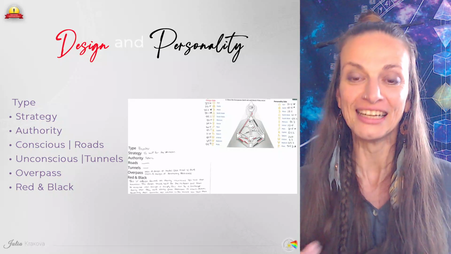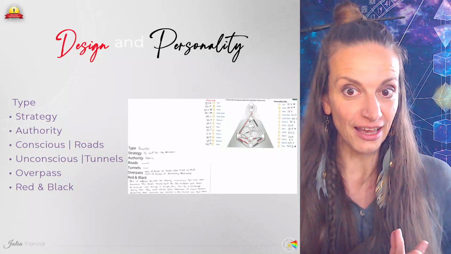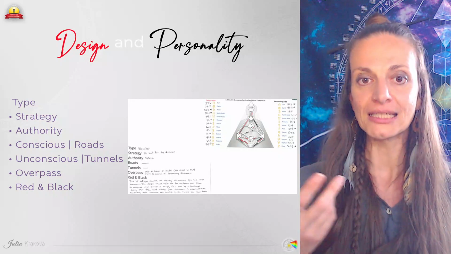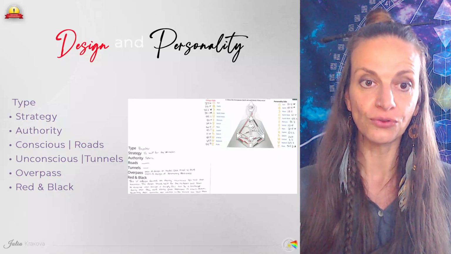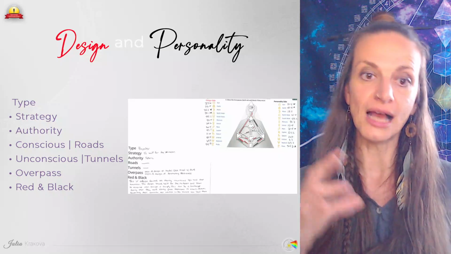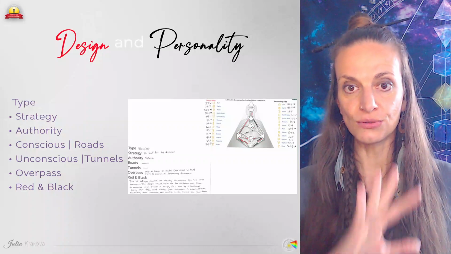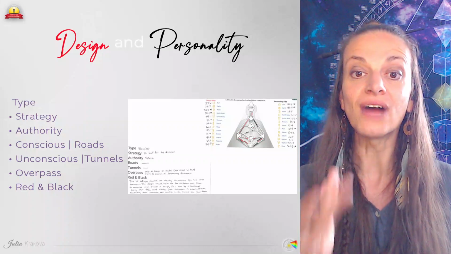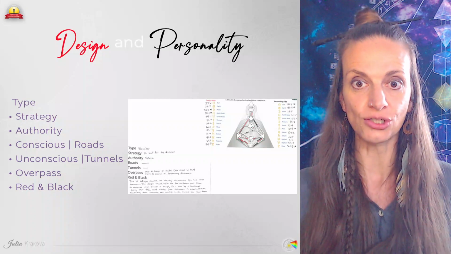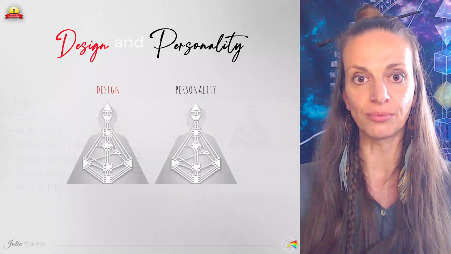For a reflector, it's just gates, obviously, but you will write your strategy, authority, conscious roads, unconscious tunnels. You look at the overpass and you see the whole picture and write it down, just like I show you here in the example.